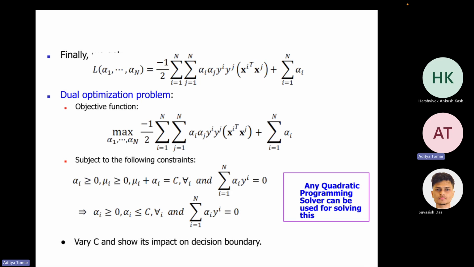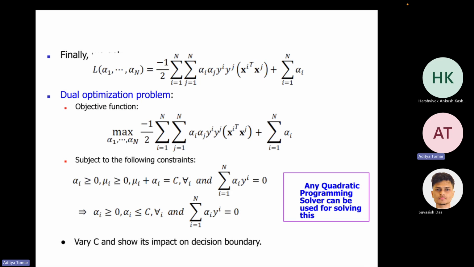So this is what you are replacing. During the kernel trick, instead of xi transpose xj, it becomes phi of xi transpose phi of xj. But what is this phi of xi transpose phi of xj? Because of the kernel trick, this is just the entries of the kernel matrix, nothing else.